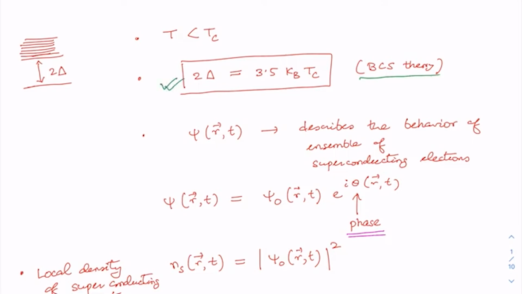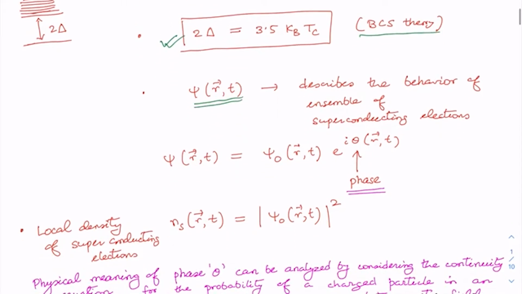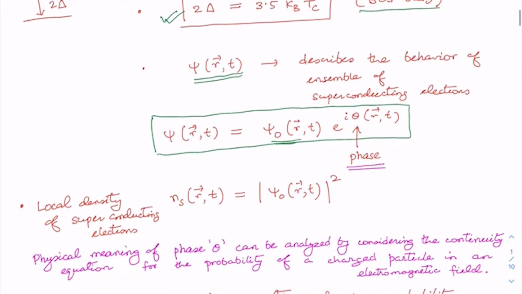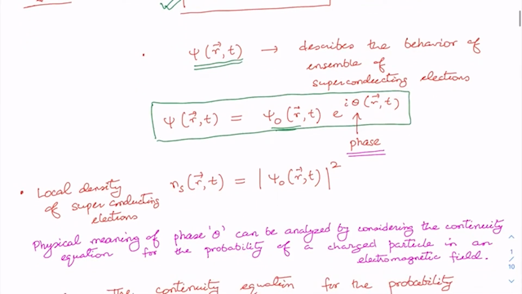In the Ginzburg-Landau theory, however, they assumed that all these superconducting electrons are described by a many-particle wave function, psi of r, t, given by this expression. Here psi 0 is related to the local density of the superconducting electrons, and theta is the phase, and this phase is the same for all the Cooper pair electrons.